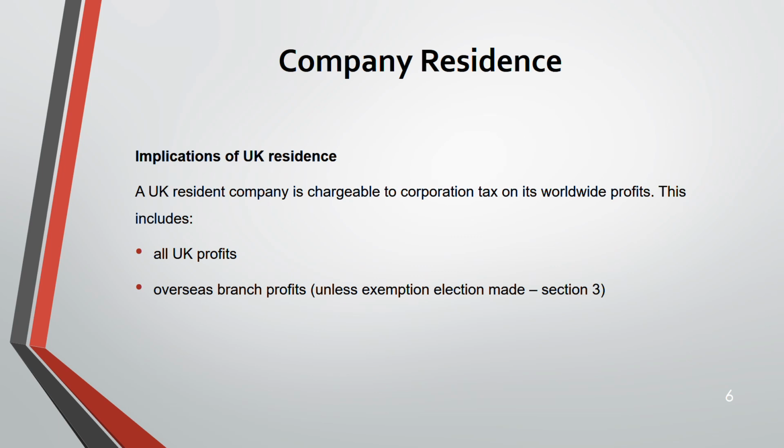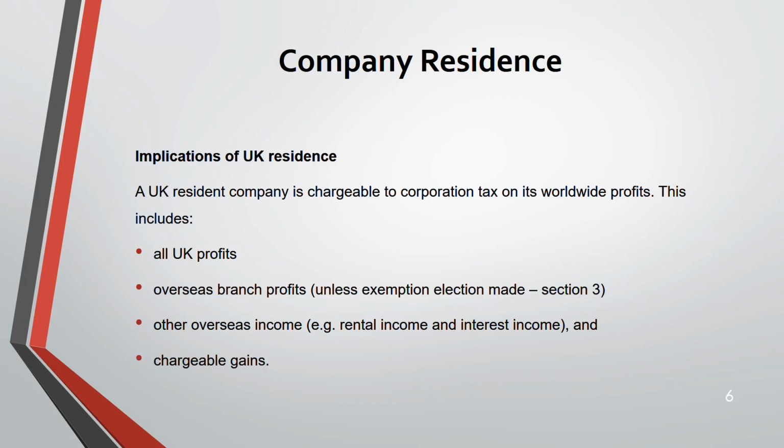But there is an exemption election that you can make, that is in section 3, which I will cover later in this lecture. Other overseas income like rental income and interest income will be included, and chargeable gains. So for an overseas branch, we have an exemption election to be made. We'll see that later. If that election is not made, it will be taxed.